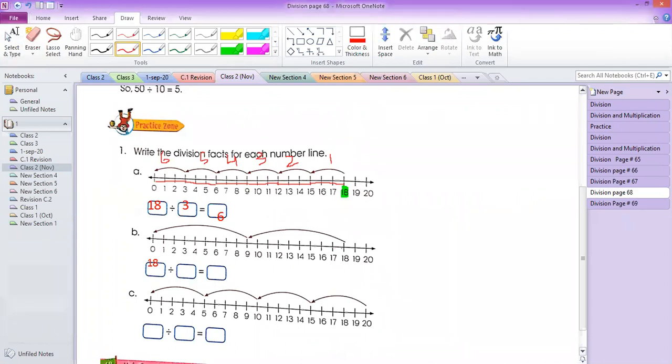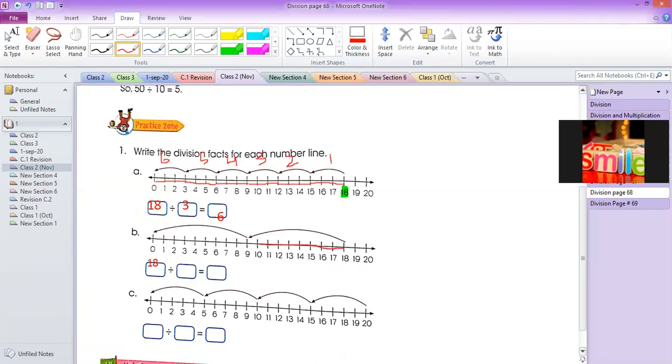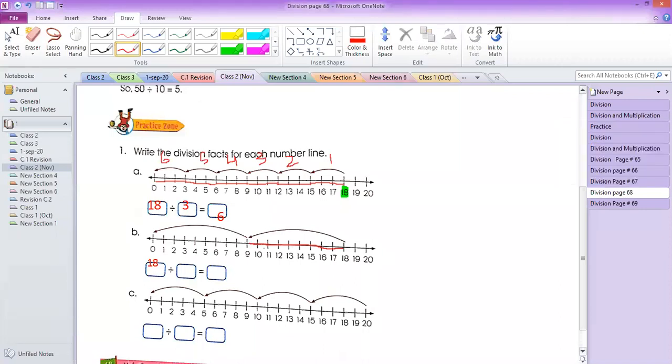For your help, I am drawing a line and I count back 1, 2, 3, 4, 5, 6, 7, 8, and 9. I count 9 numbers. That means I am counting in nines in one step. This is the first step. In the first step, I count in nines. So 18 divided by 9, because I am counting back in nines.